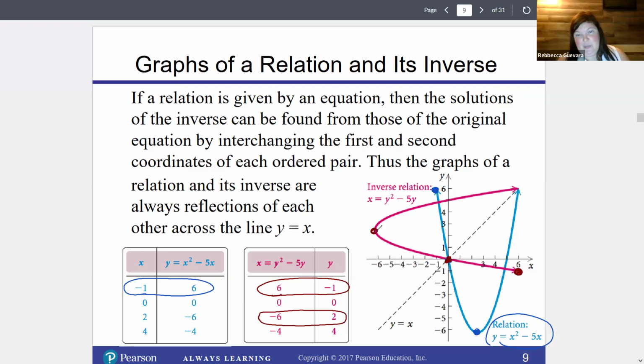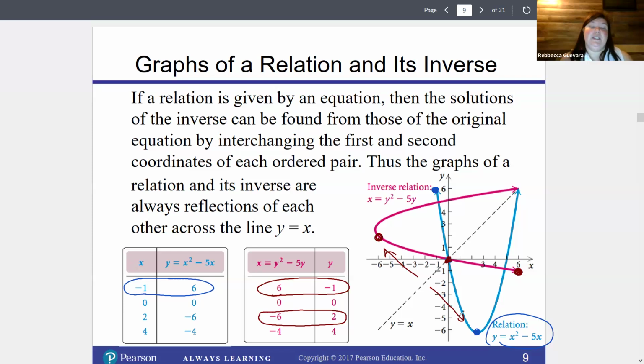And that's pairing with that point right there. And you're noticing that we have that slash line there of y equals x. Once again, mirror image, like it's pushed over there, so it is reflecting. The blue line, if we reflected it over y equals x, would give us that red line.